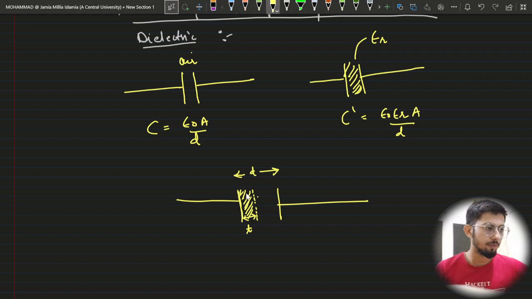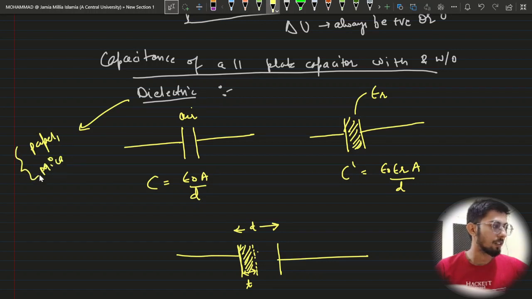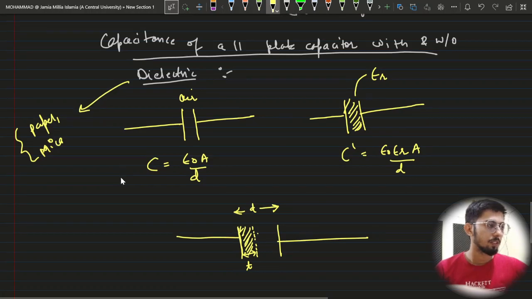What's a dielectric? We will learn it in a separate class, but it's something that's not a conductor. It may be paper, mica, any insulating material, not a pure conductor such as copper, iron or aluminum. A dielectric is in fact a kind of insulator.